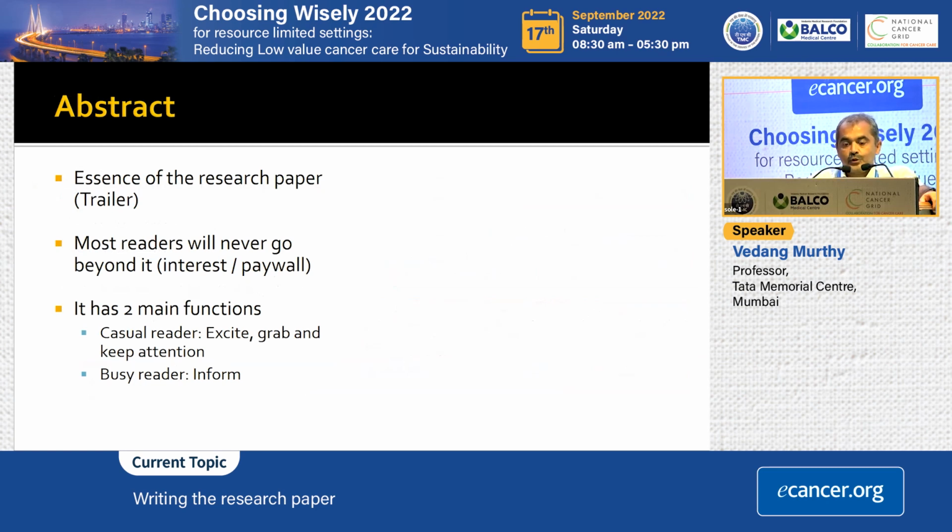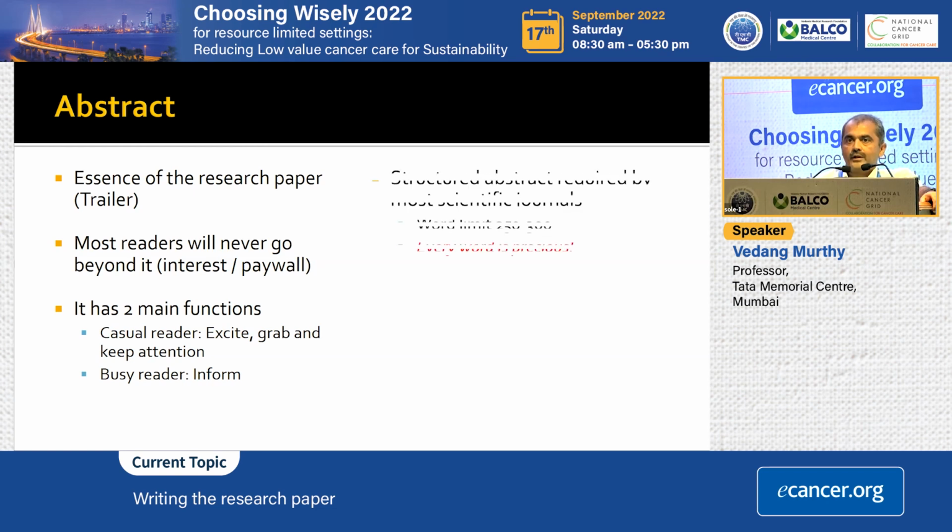So the goal of the abstract is to keep the casual reader, get their attention, and to inform the busy reader. As you know, the abstract is generally limited to about 250 to 300 words. And believe me, when you're trying to fit everything into it, there's a big difference between 250 and 300.